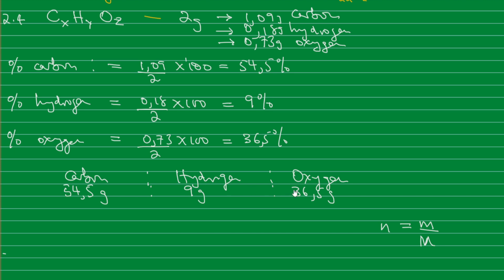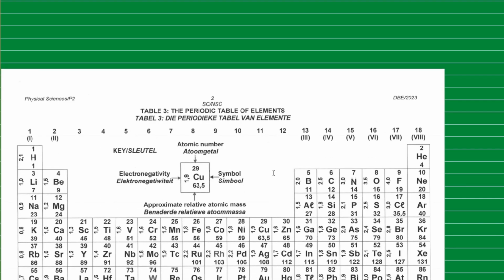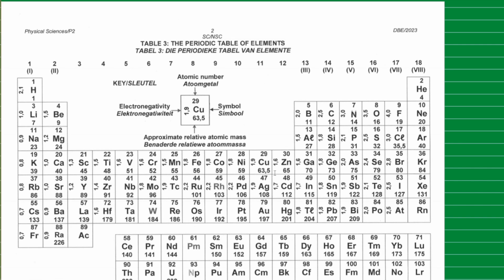The molar mass of each of these elements, we get from the periodic table. So I've got the carbon here, the oxygen there, and the hydrogen over here. The molar mass is this number at the bottom, which is referred to as the relative atomic mass, the atomic mass for each.